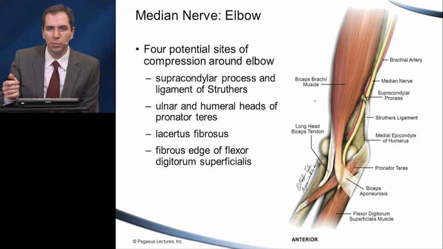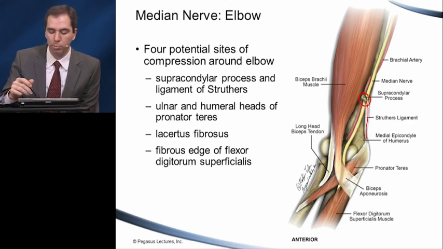So the median nerve can be compressed in the elbow at 4 potential sites. The first is at the supracondylar process and ligament of Struthers, which is a variable in presentation. This is a congenital abnormality to have a supracondylar process, but it's easily ascertained by imaging the median nerve in this location.